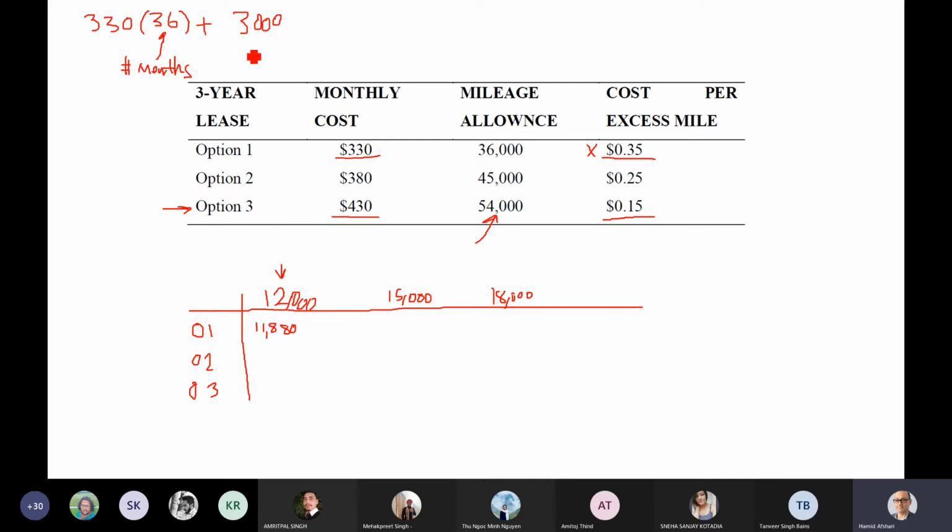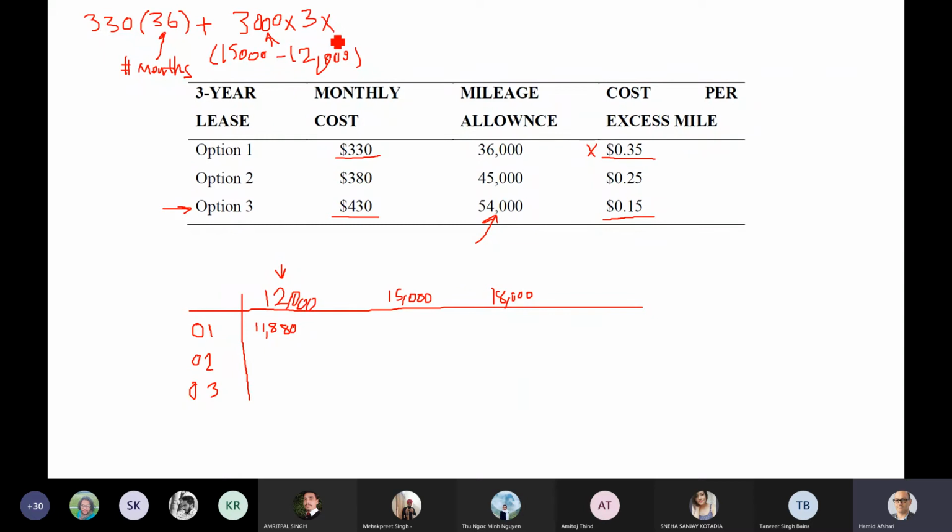So this 3,000 miles, which comes from 15,000 miles minus 12,000 miles, is reflected here, multiplied by how many years? 3 years, correct. That's right. Multiply.